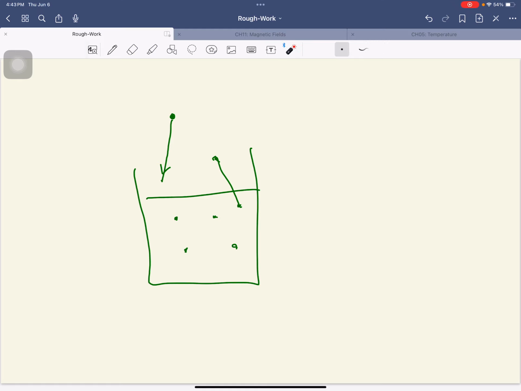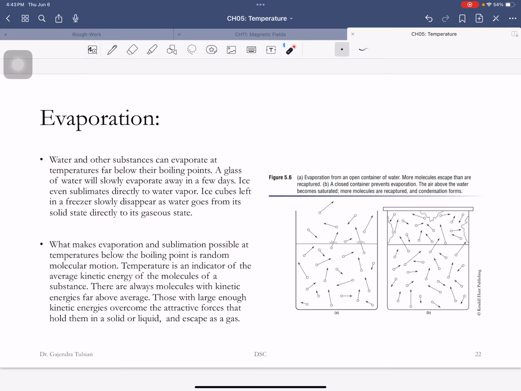But if the humidity is less than 100%, let's say 50%, there are more molecules escaping than coming in. So at any temperature with less than 100% humidity, you have net evaporation. And since the faster molecules are evaporating, that's cooling down the water. This is true for all substances. So water and other substances can evaporate at temperatures far below their boiling points. A glass of water will slowly evaporate away in a few days.